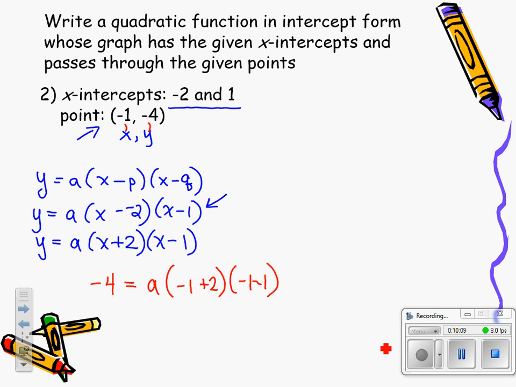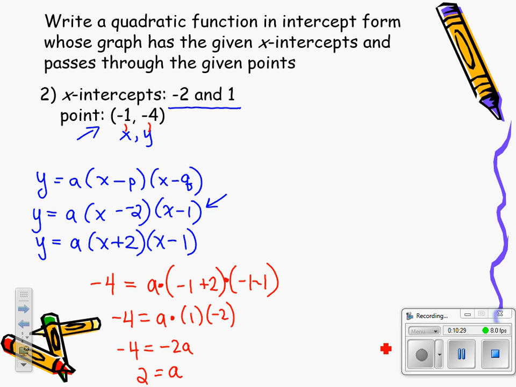Okay, now remember these are all multiplication. Negative 4 equals a times 1 times negative 2. That's negative 2a equals negative 4. Divide by negative 2, and a equals positive 2.